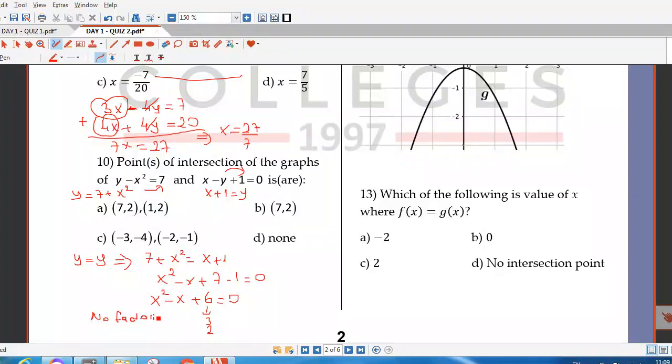Factorization doesn't help us, so we are going to use delta. Discriminant is b squared minus 4ac.